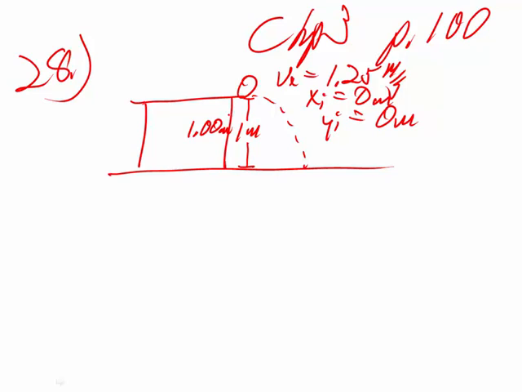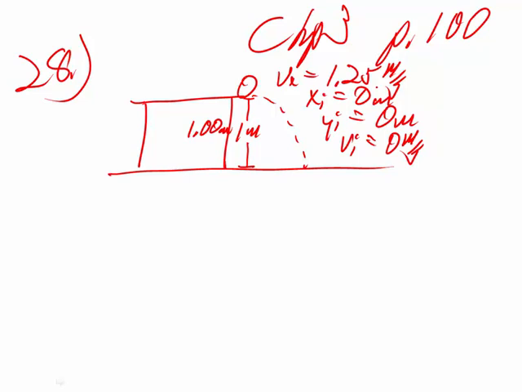How long will it take for the ball to hit the floor? So we want to know how long it will take for the ball to hit the floor. Well, now we know a couple of things here. We know the velocity in the x. What's the initial velocity in the y? It has to be 0 meters per second, because just as it comes off the table, it's not moving in the y direction. It's only moving in the x direction. And by the way, this x velocity does not change. It stays the same through the entire path.